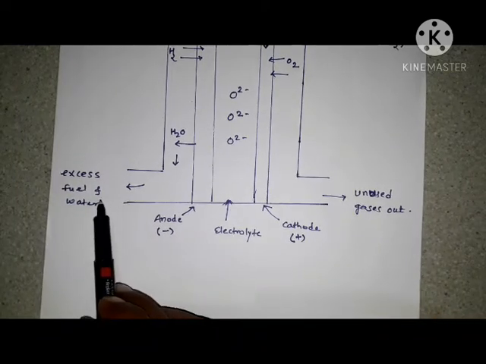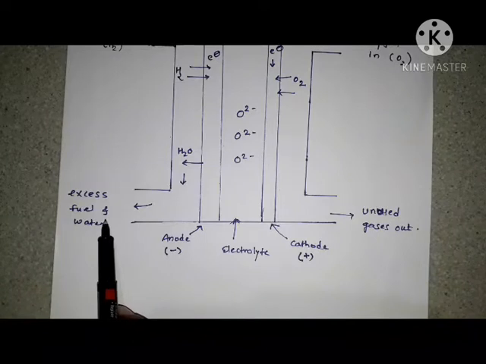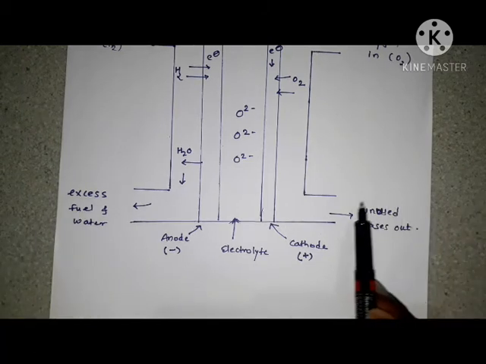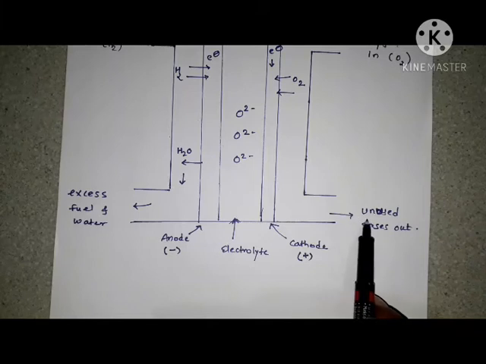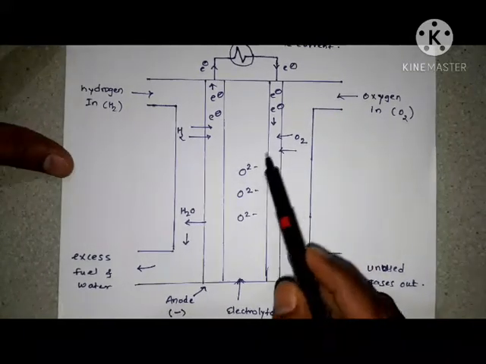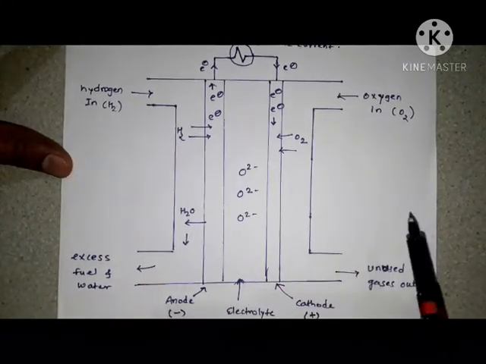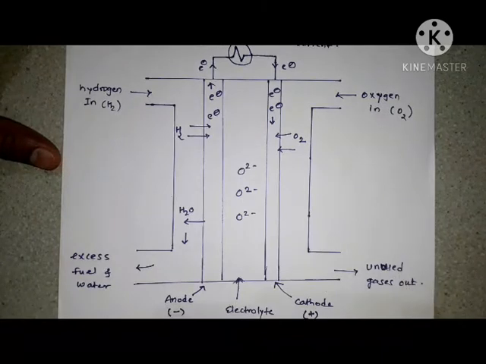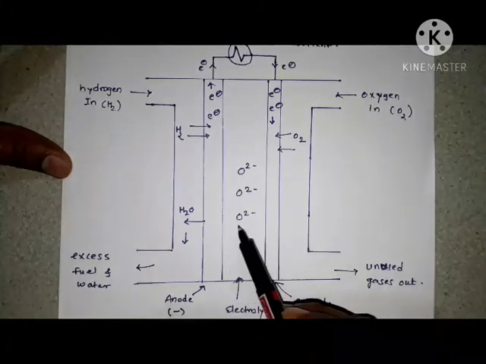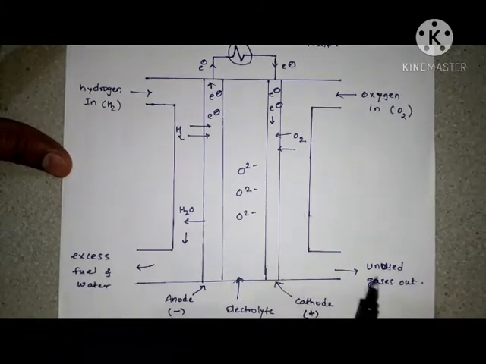Okay, and at the bottom, at the left side of the fuel cell, excess fuel and water get eliminated, and at the right side unused gas goes out. Okay, then in the middle portion of the solid oxide fuel cell, solid oxide is taken as the electrolyte.